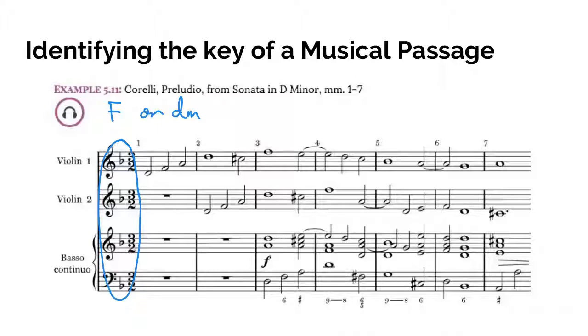Okay, and then you look at the end. Is anything going 3-2-1 in major or minor? Or is anything going half, or you look for the leading tone in minor keys. So let's look at the end.